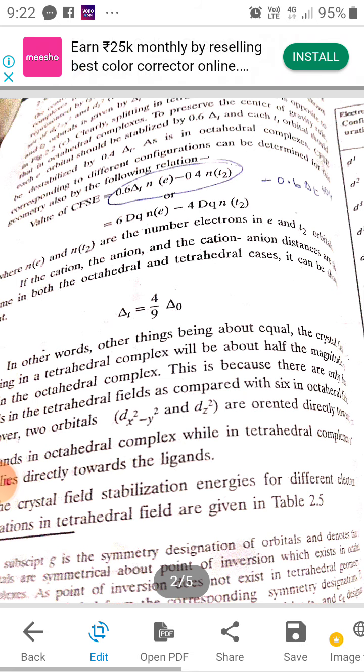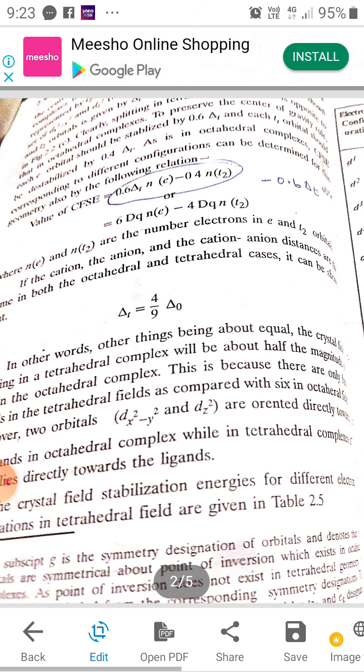Consequently we have a triply degenerate system of the T2g orbitals, and there will be no unstable orbital.